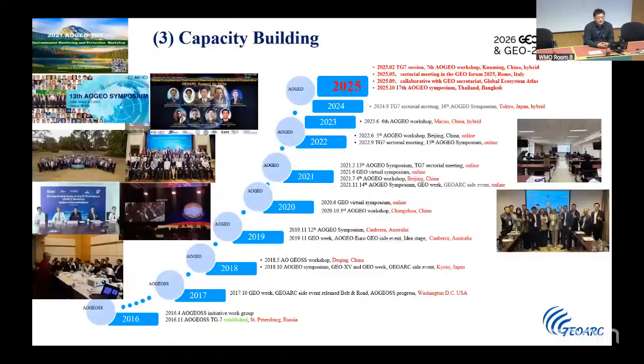Okay, next, please. For capacity building, based on these initiatives, the Chinese Ministry of Science and Technology released a lot of projects. These projects support the hardware infrastructure, and also a lot of ideas for research.